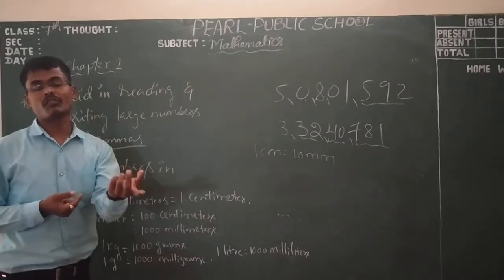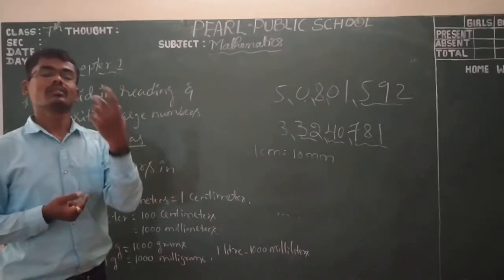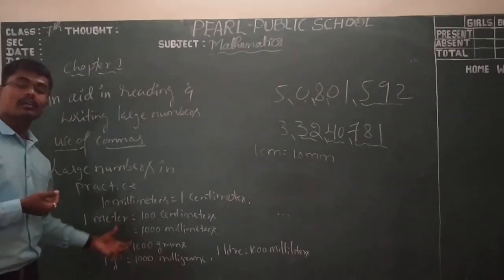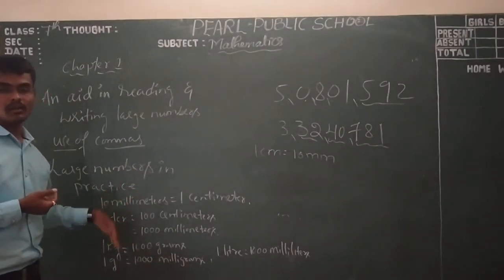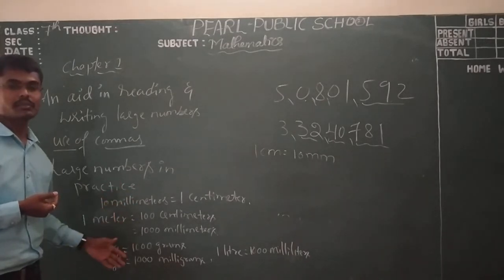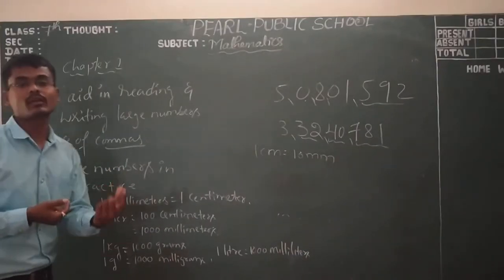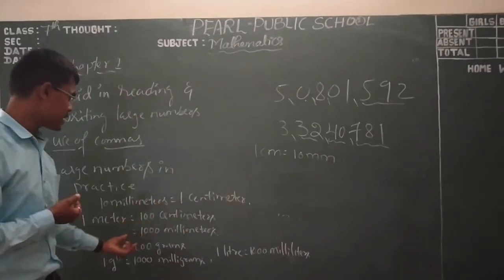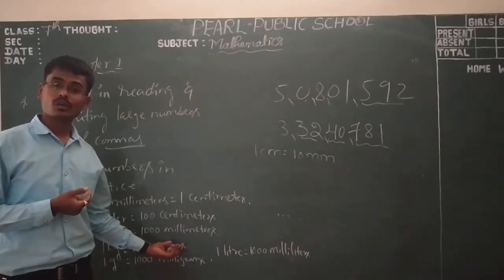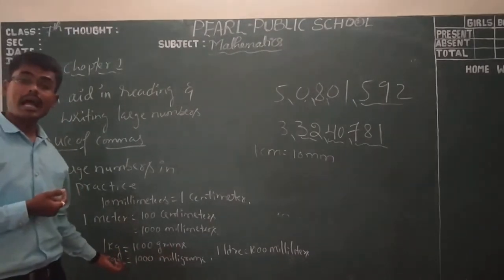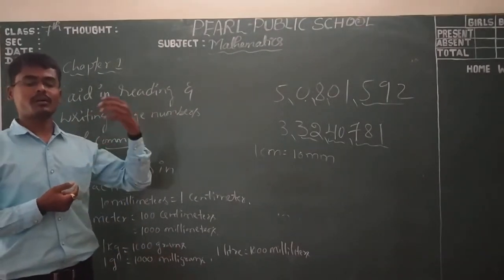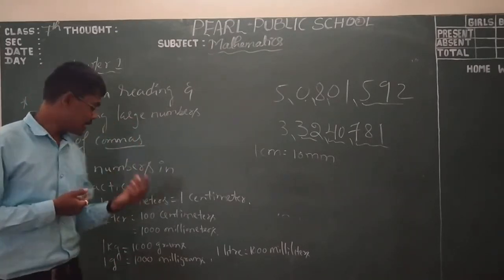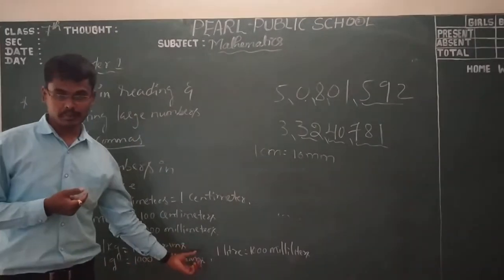Then for expressing masses, 1 kilogram, instead of calling it kg, I can say 1000 grams. Then 1 gram equals 1000 milligrams.